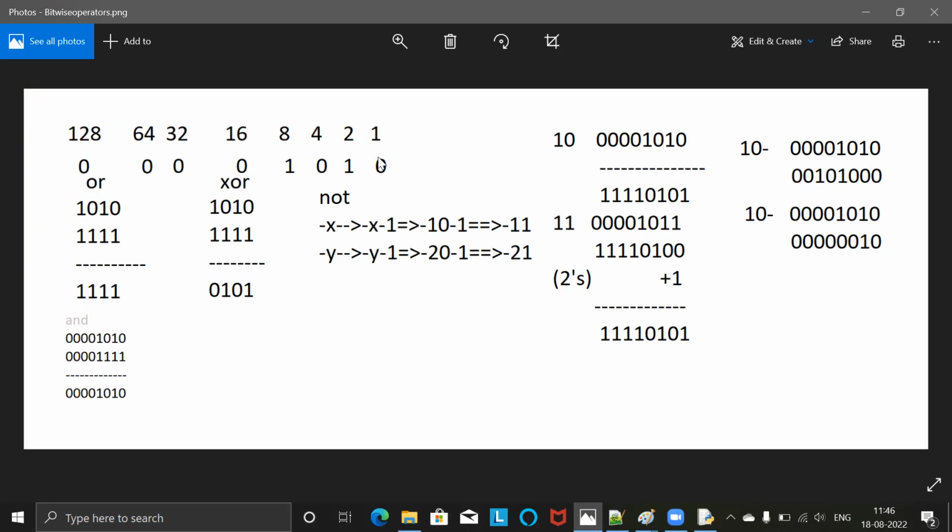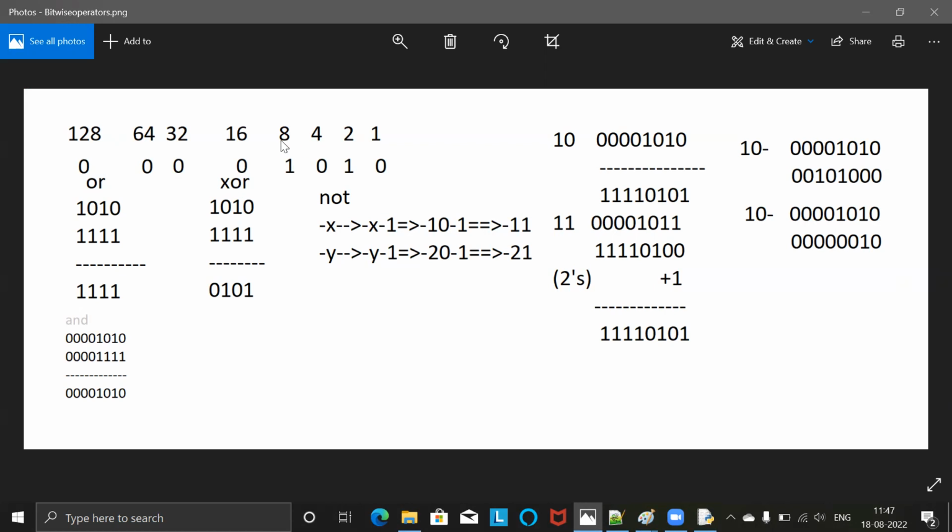Next, I want the binary number of 10. Check: 128 is greater than 10, so 0. 64 is also greater, so 0. 32 is also greater, so 0. 16 is also greater than 10, so 0. 8 is less than 10, so it returns 1.